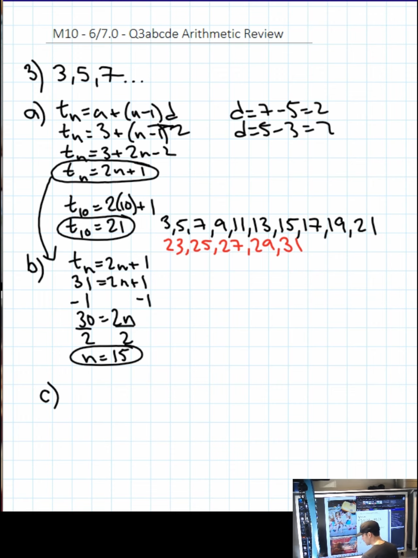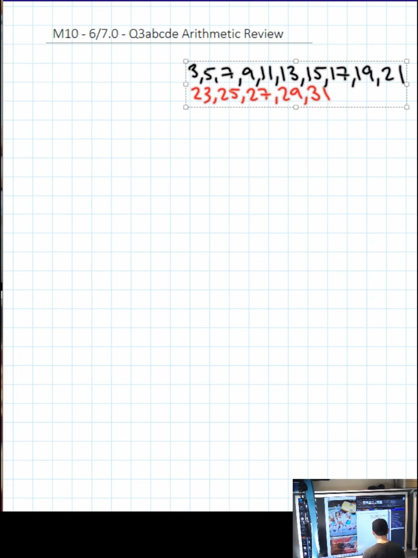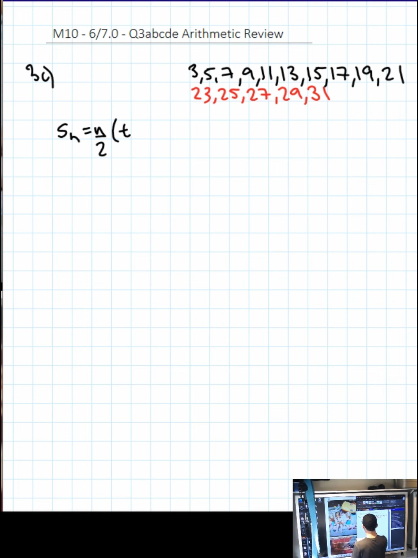So let me do that on a new page. Okay, 3C continued from the last page. So it's asking for S12. So I'm going to write down both S formulas, which Gauss figured out when he was 15 years old. Sn equals n over 2, open bracket, T1 plus Tn.